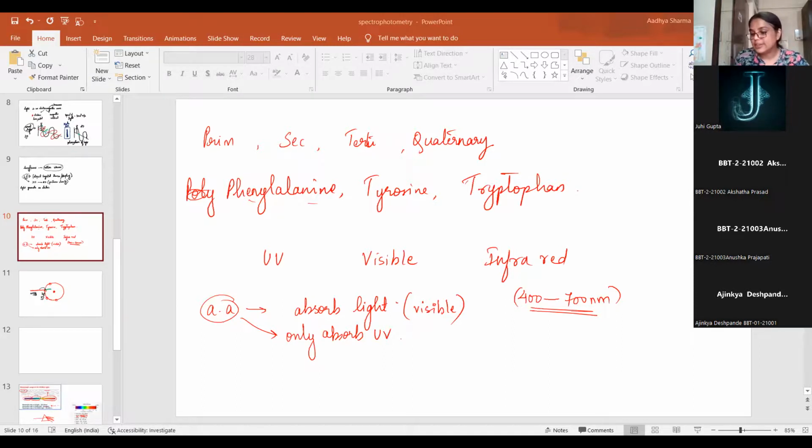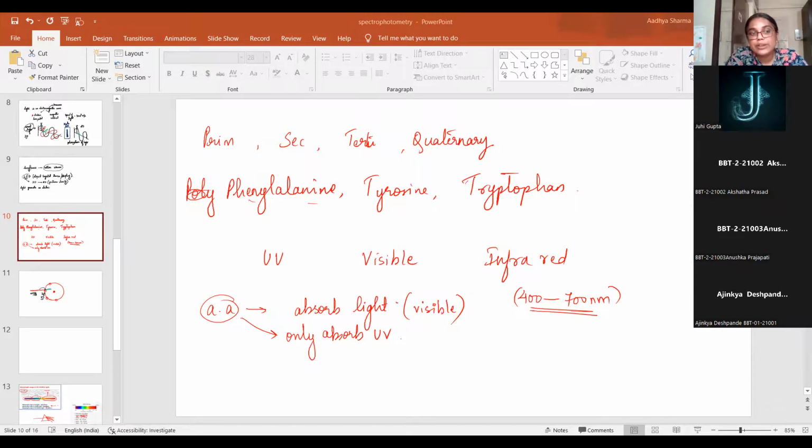Amino acids absorb ultraviolet rays. True or false? Yes. One application that we discussed today, mention one application where polarization finds an application. Polarization of light. Yes. Correct. Is spectrophotometry a quantitative analysis?